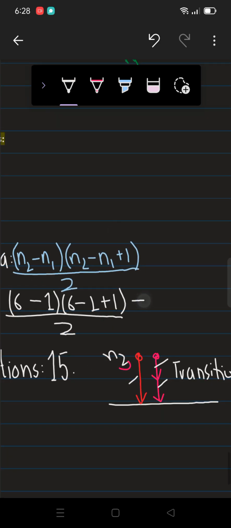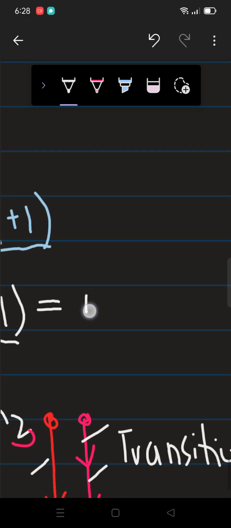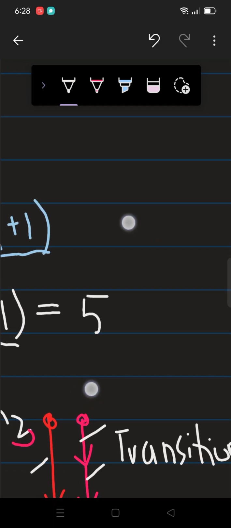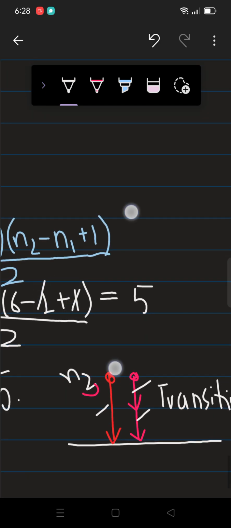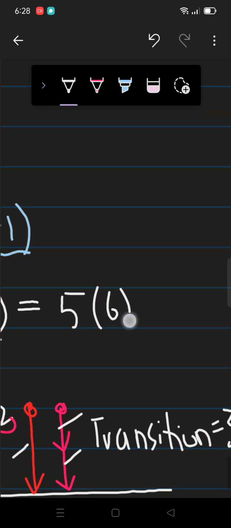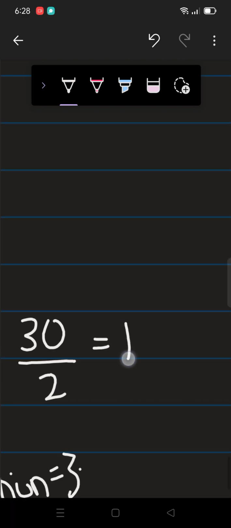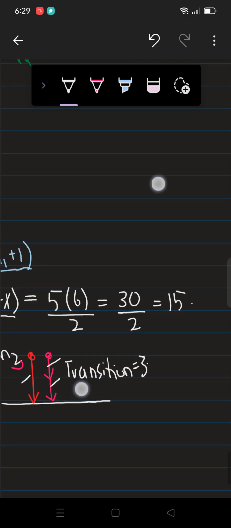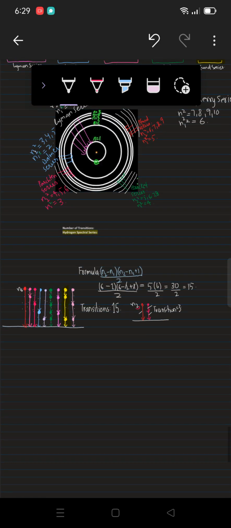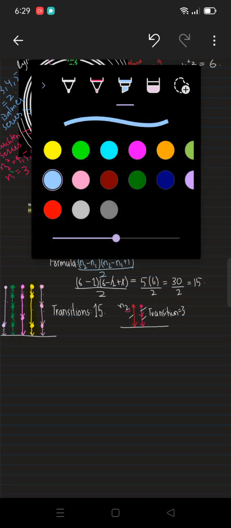Now see, 6 minus 1 is 5, right? And 6 plus 1 minus 1 cancel into 6, by 2. 5 sixes are 30, 30 by 2, and when we divide 30 by 2 we get 15. So total transitions we get here will be 15. So the answer we have got is the same, right?